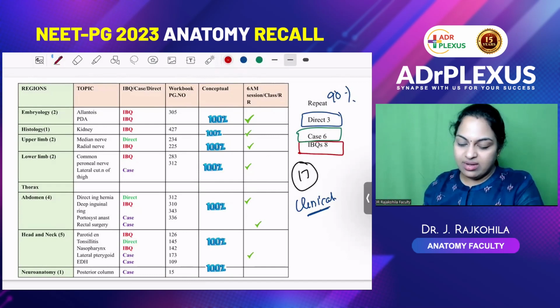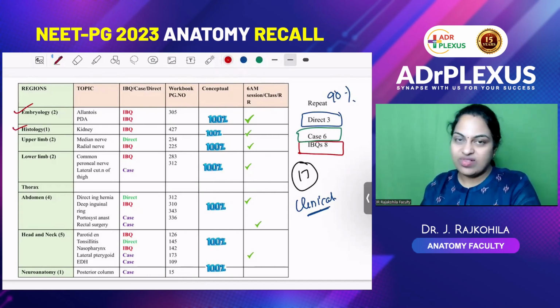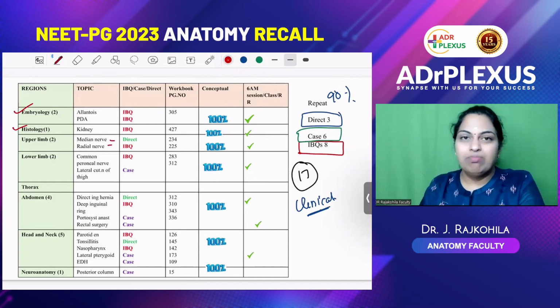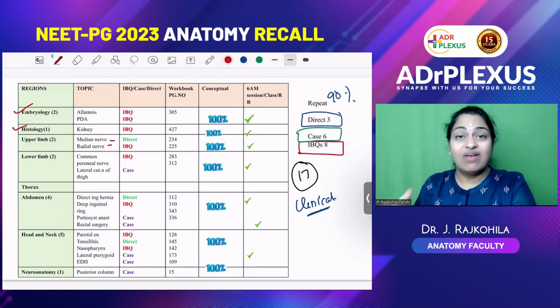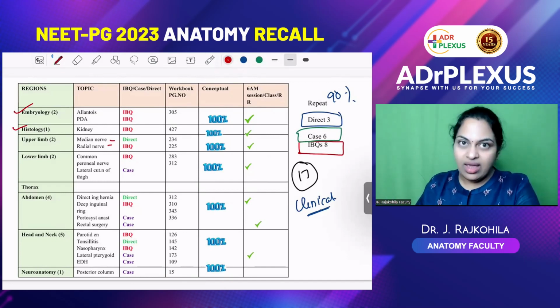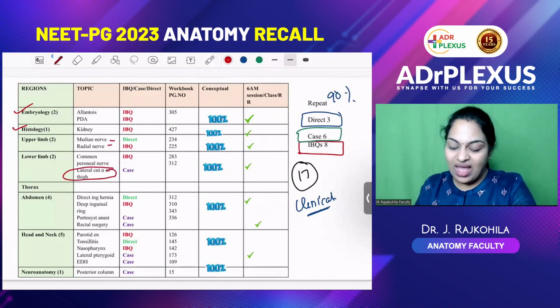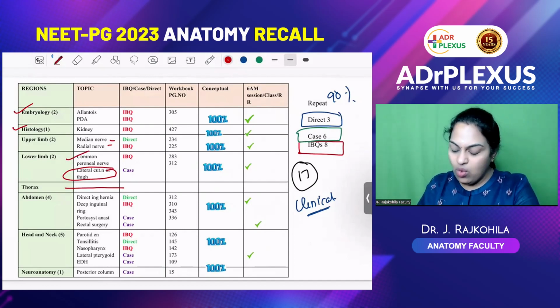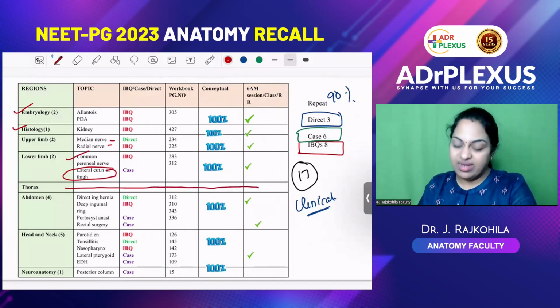Embryology was covered, image-based questions, histology was covered, upper limb, yes, nerve injuries, which we revised during our rapid revision before the exam. And lower limb, yes, the lateral femoral cutaneous nerve in laparoscopic repair, I put it in lower limb, and fracture neck of fibula. This time no questions in thorax.